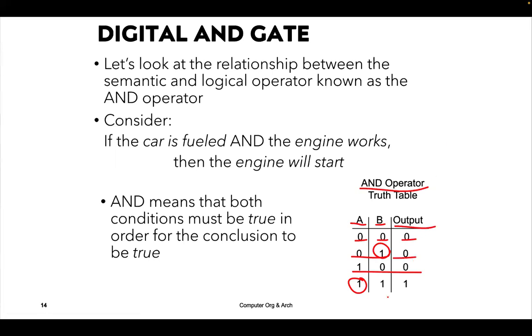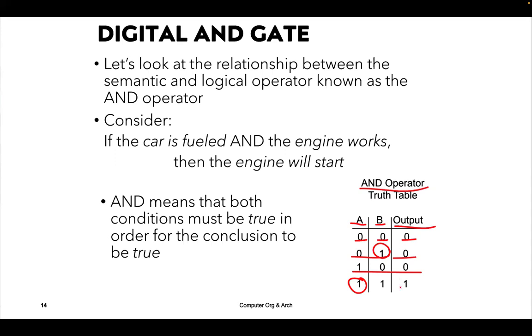I was still emphasizing on the AND gate. Our condition says that the output can only and only be one or true if both inputs are what? Are true. Else, the output returns what? 0 or false.